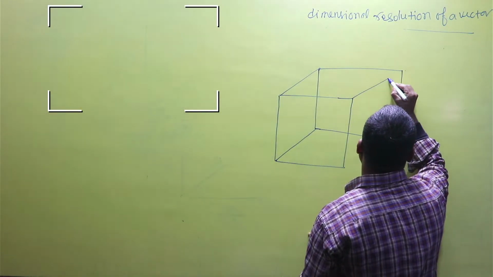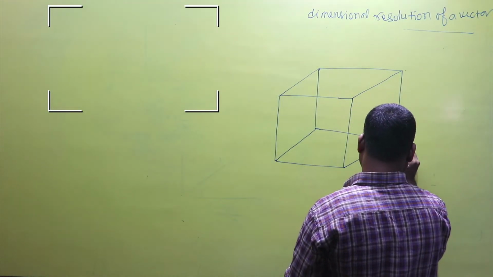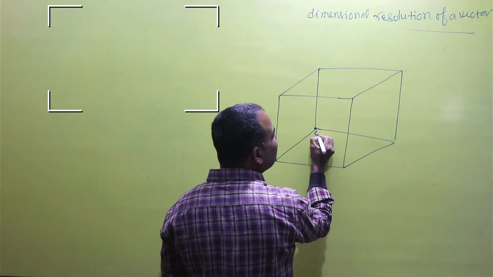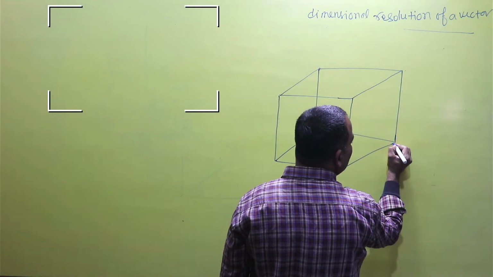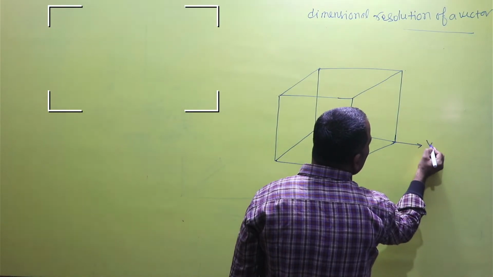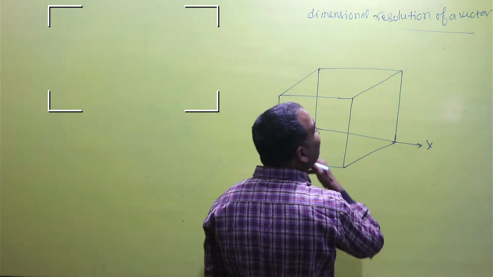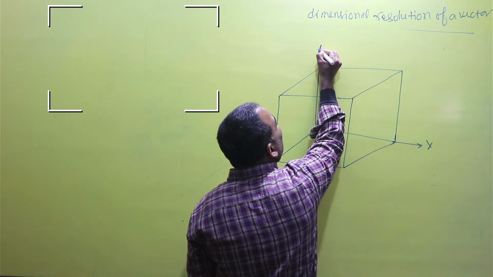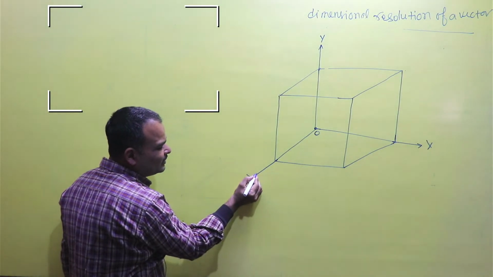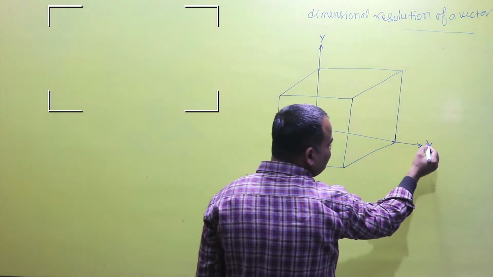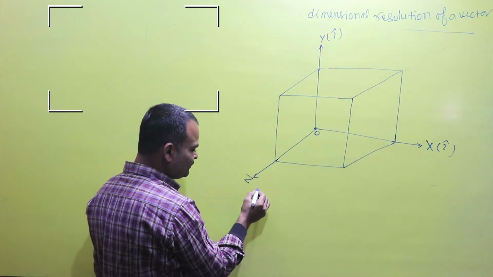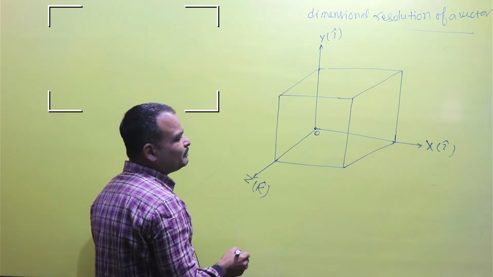This is called x axis, then y axis and also this called z axis. I cap, j cap and k cap.